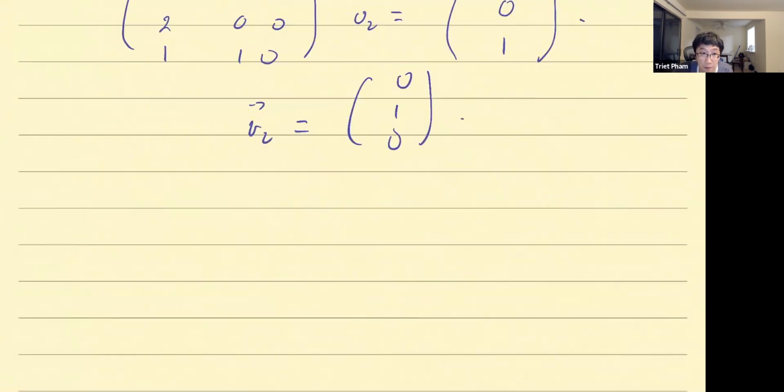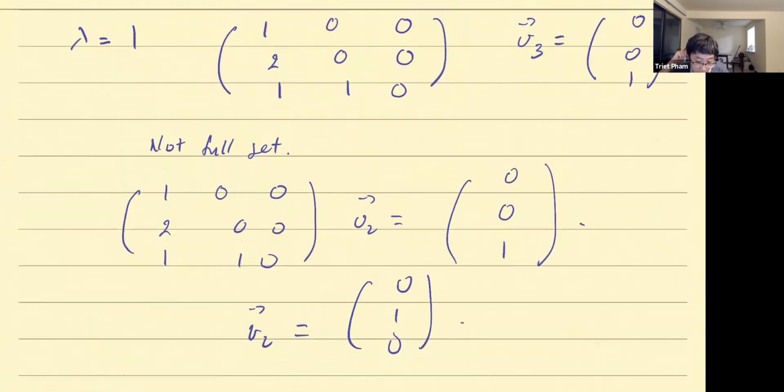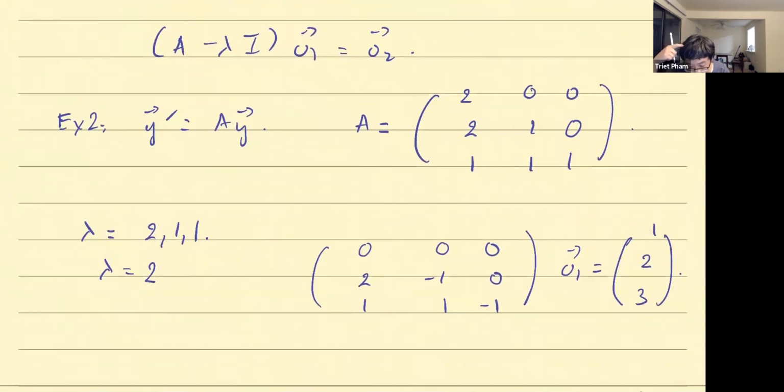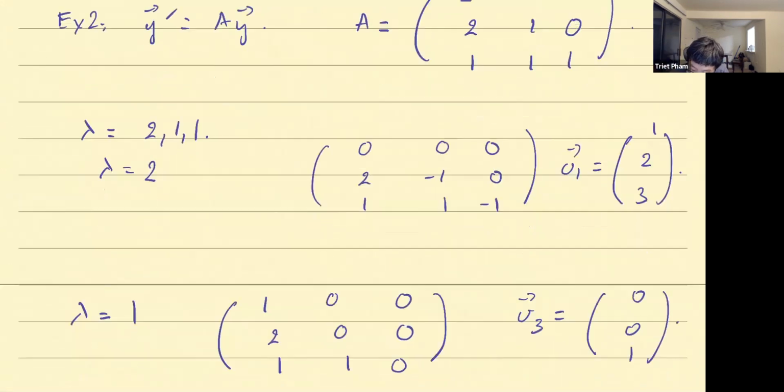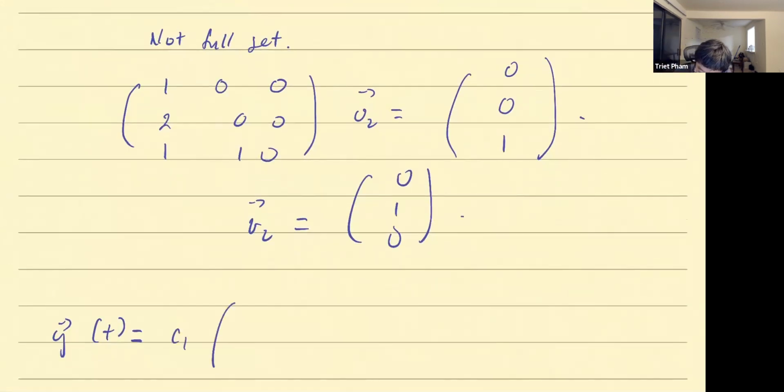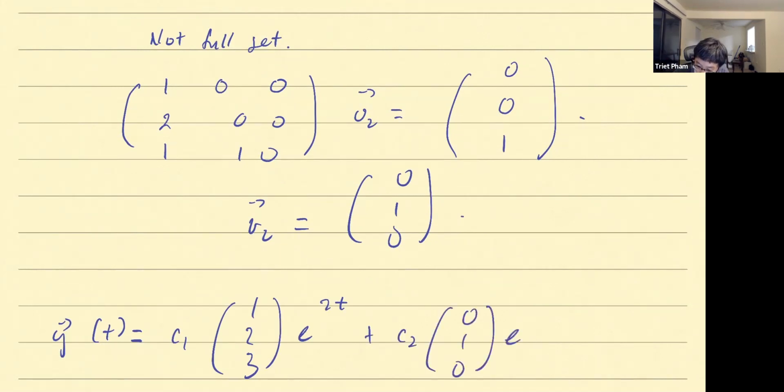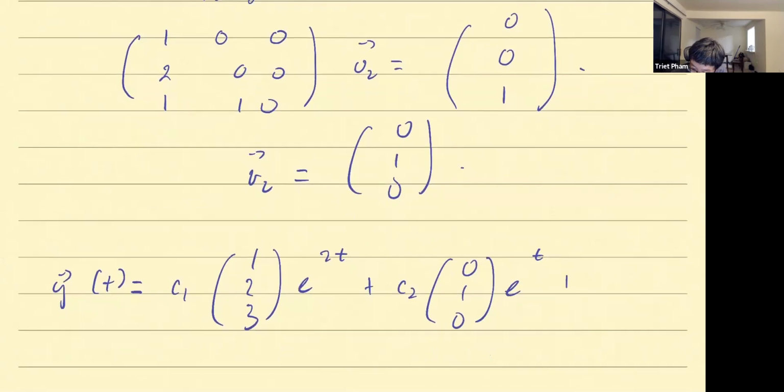Any question here? So what is my final solution? My y(t) will be, what was it, 1, 2, 3, e to 2t, and then 0, 1, 0, e to the t, 0, 0, 1, t e to the t.